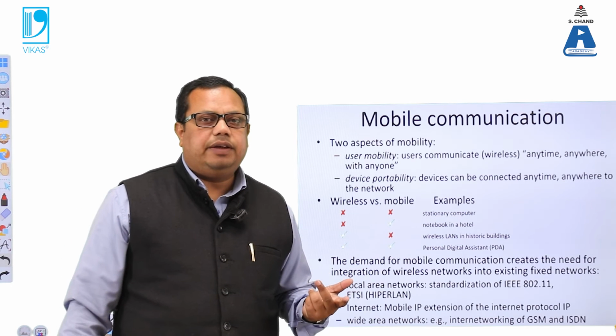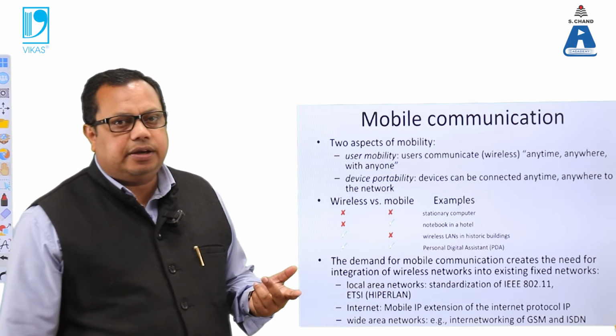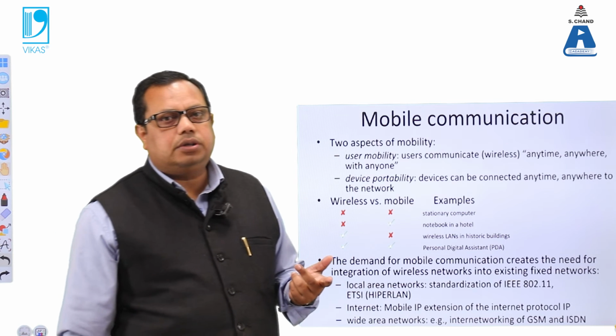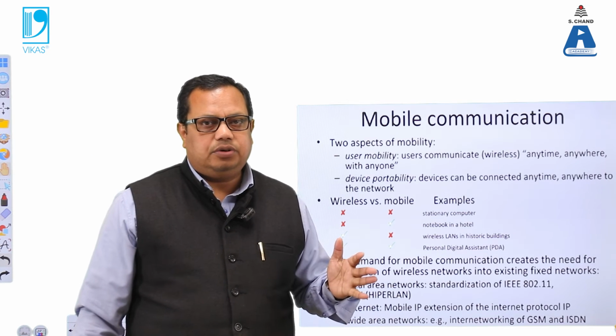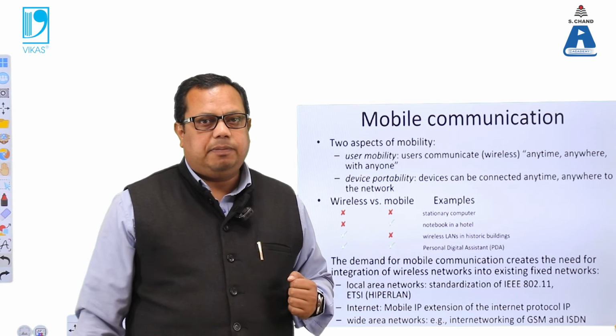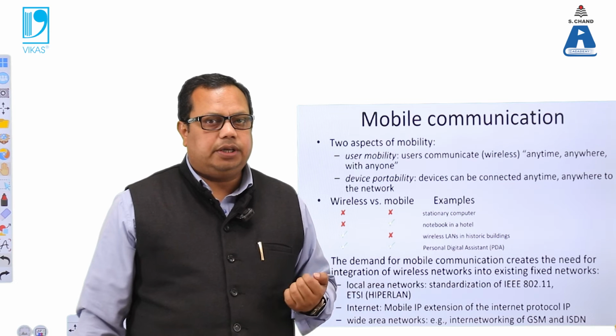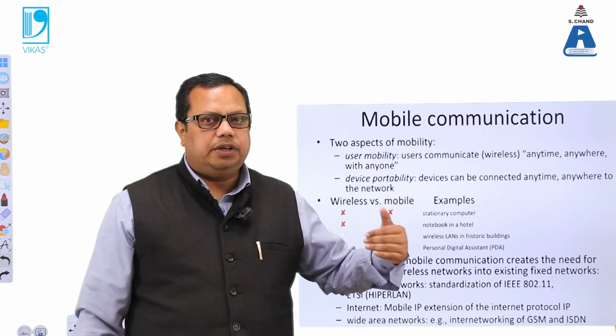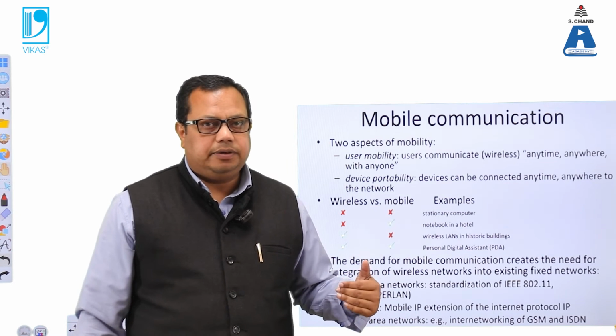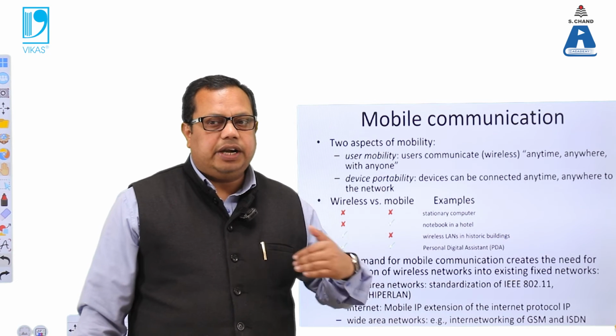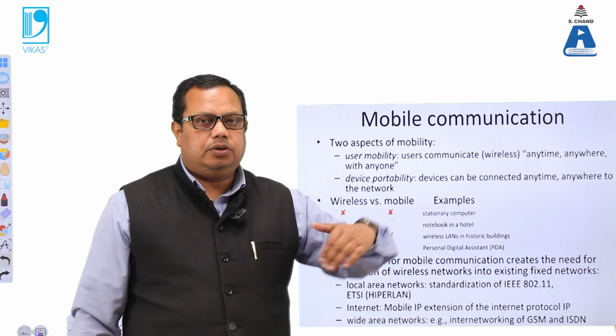Let's take one live example: 10 years back, when we had to talk from India to someone in the US, we had to pay a lot. But nowadays we are talking on WhatsApp because our mobile phone is connected with the network and we are paying nothing, because every network is working together.